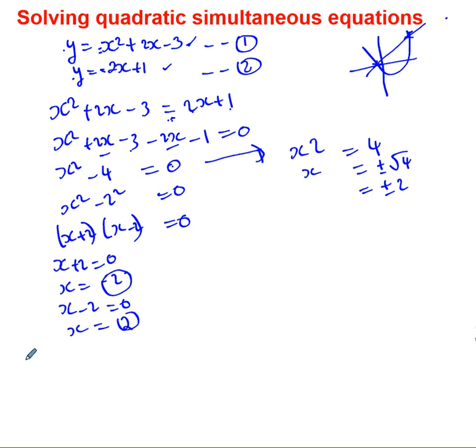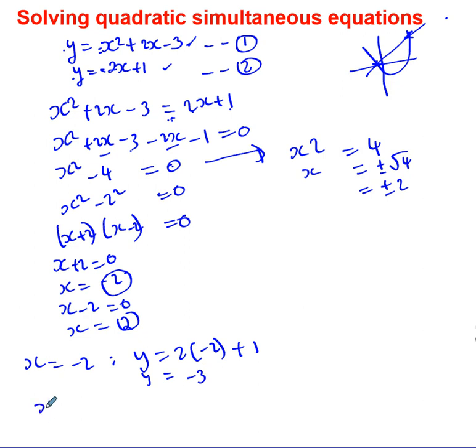So when x is equal to minus 2, I'm just substituting the values of x into equation 2, and that will give me y equals 2 times minus 2, which is minus 4, plus 1, which is minus 3.